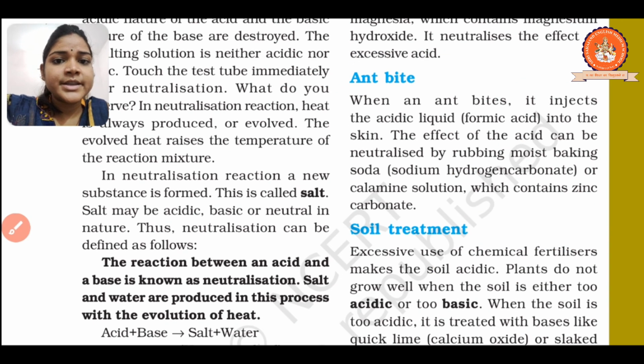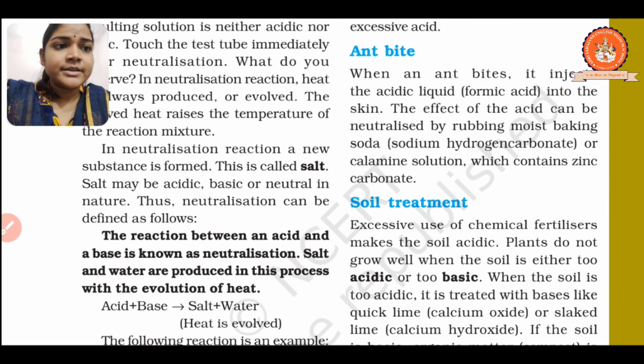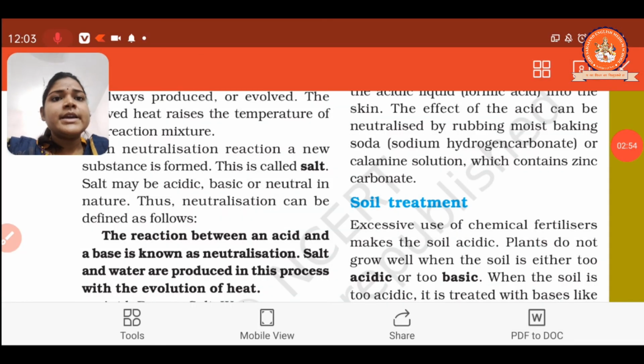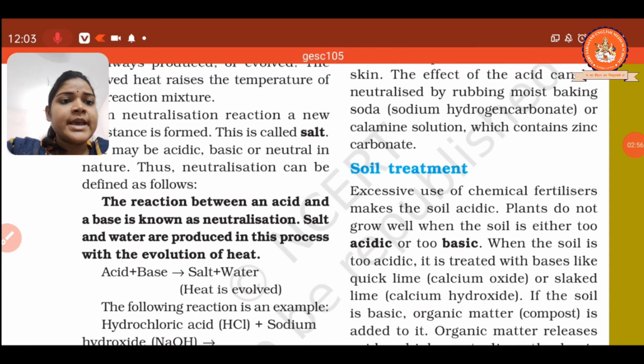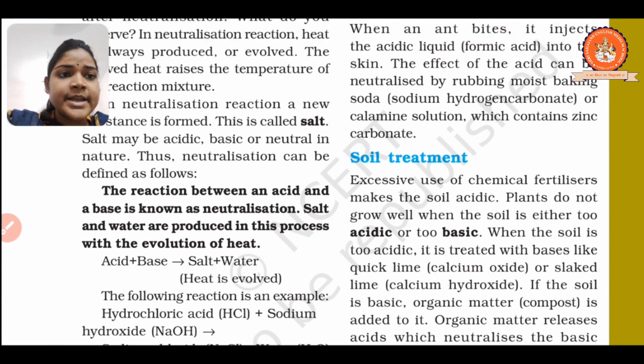And the third one is soil treatment. In soil treatment, the excessive use of chemical fertilizer makes the soil acidic or basic. Plants do not grow well when the soil is too acidic or too basic.